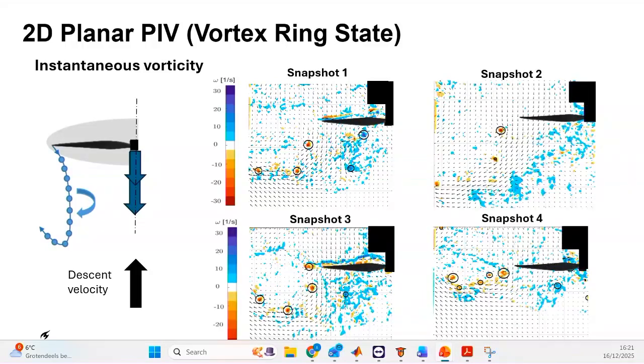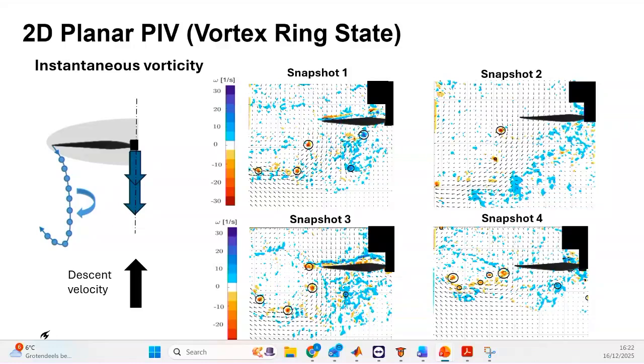Then, if we want to explore more snapshots, here I include a sequence of different snapshots. This is 1, 2, 3, and 4. We can see how the vorticity changes significantly between the different cases, highlighting that the unsteadiness is very high. Actually, the strong non-stationarity is a characteristic feature of the VRS.